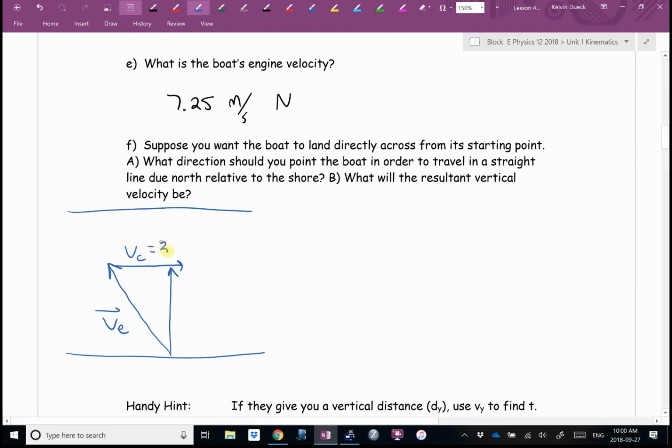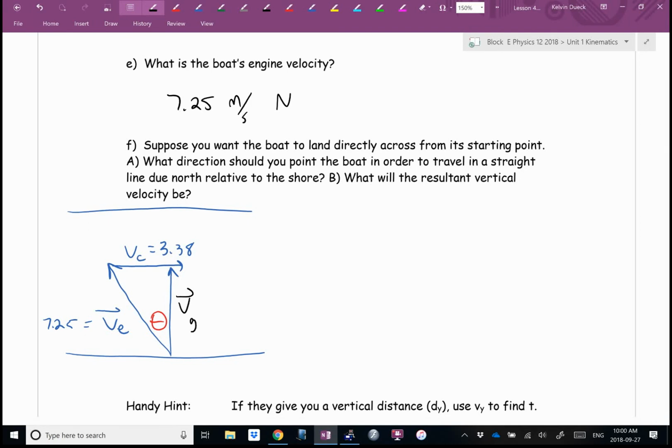So let's put the 3.38 right there, and let's put the 7.25 right there. Theta is going to go where the vector is originating, because this is V with respect to the ground.